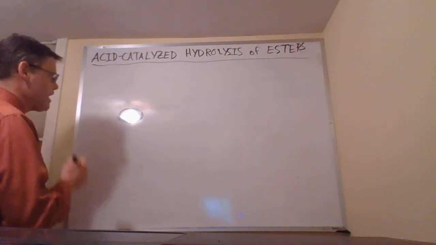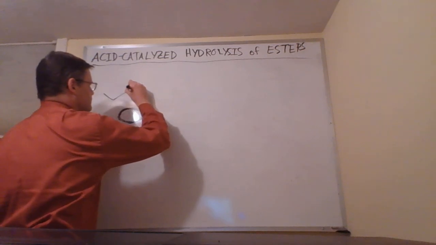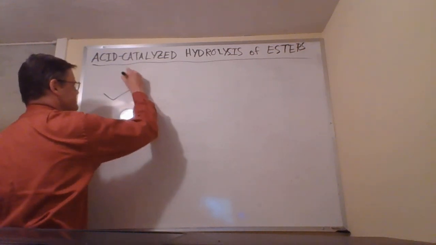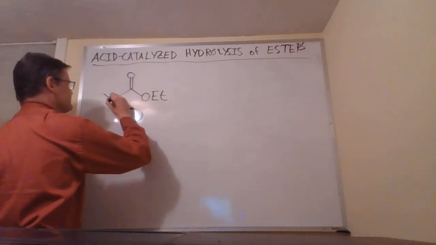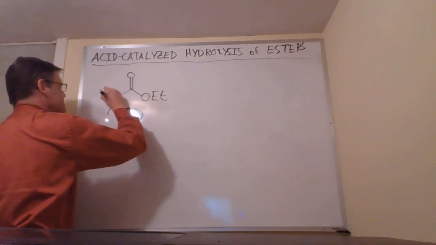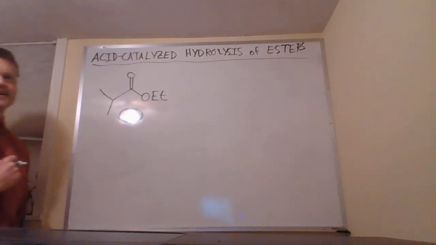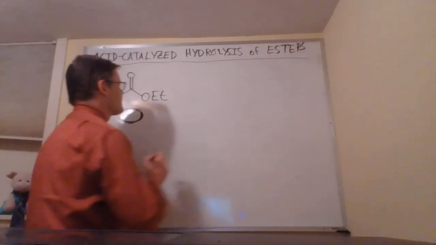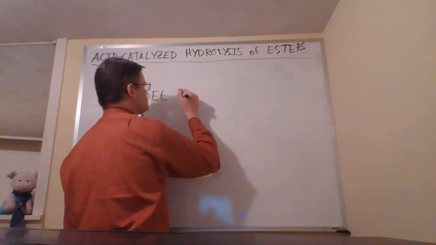So what do I want to hydrolyze today? I don't want to hydrolyze something too complicated because then I gotta draw a lot of stuff. So we'll hydrolyze this ester, and we're going to do that under acid catalyzed conditions.